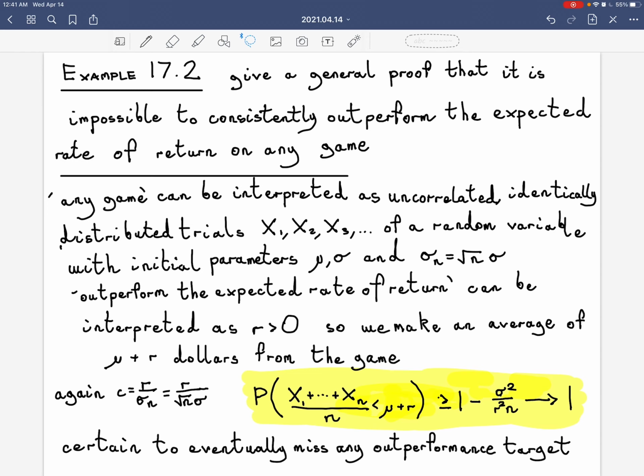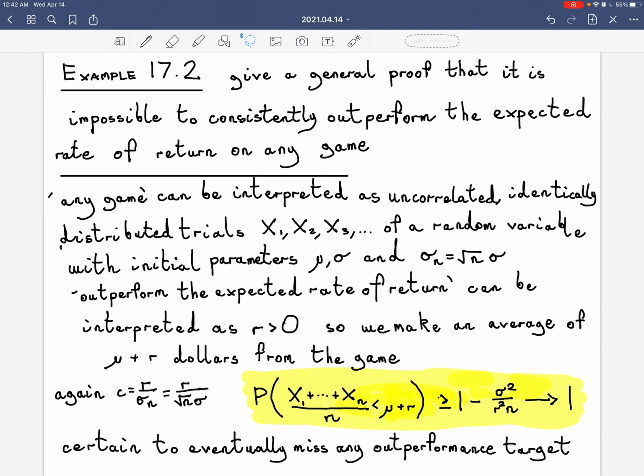You can have uncorrelation, which is all that's necessary to use Chebychev's inequality, whereas the central limit theorem actually requires independence, and it's not true simply with the hypothesis of uncorrelation. But uncorrelation is great because it tells you that the standard deviation scales like you hope, as the square root of n times sigma.